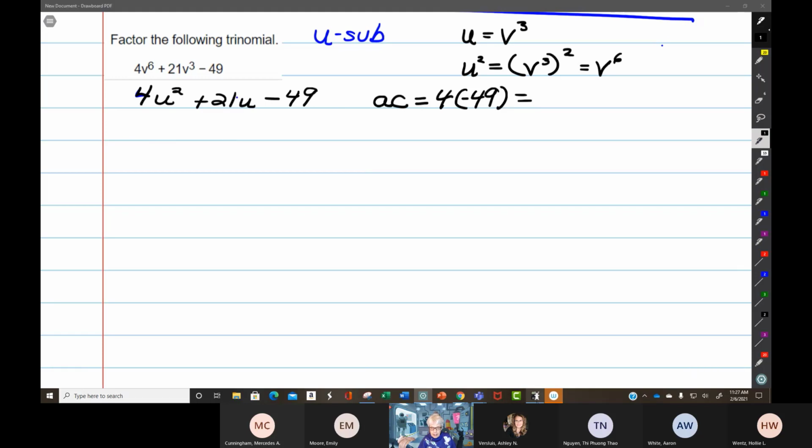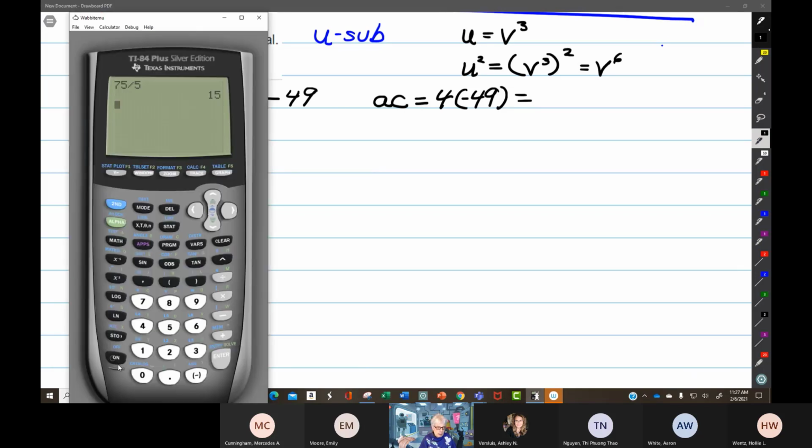Let's get the calculator. 4 times negative 49 is negative 196.